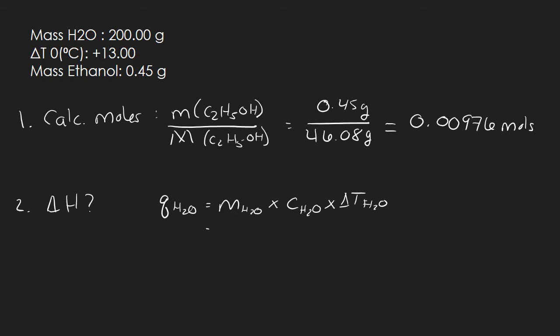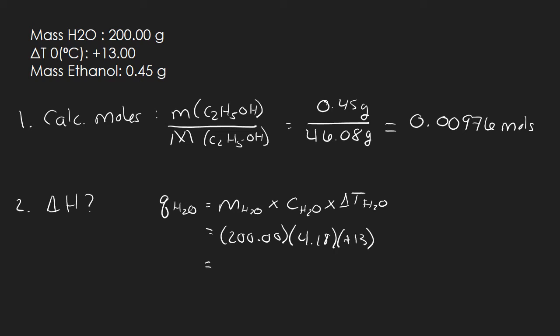All right, so mass of water we have above. That is 200.00 grams. The specific heat of water you can find in the reference table in your chemistry data booklet is 4.18. The temperature change that occurred here is positive 13.